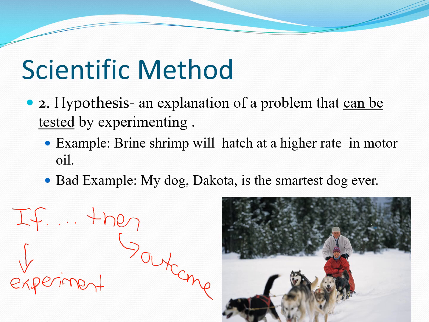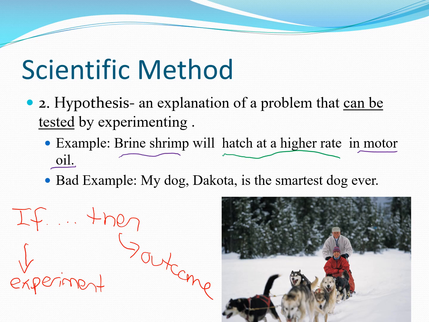The if part tells the reader what I am going to do: in this experiment, I'm going to put brine shrimp in motor oil. So the reader knows this is the experiment I'm going to do. My then part is I think they're going to hatch at a higher rate.